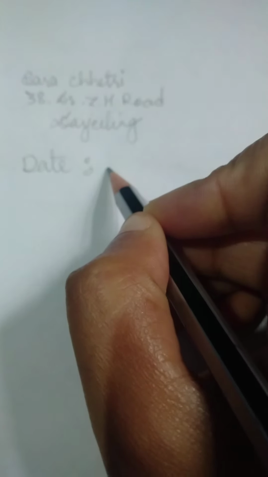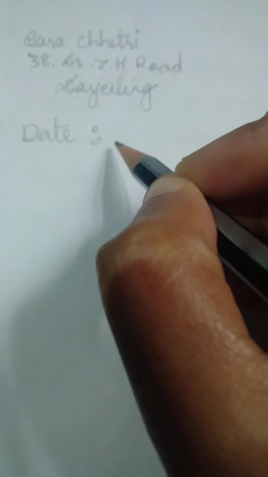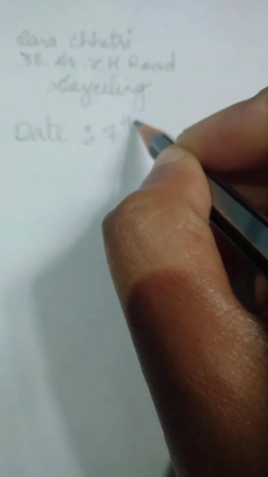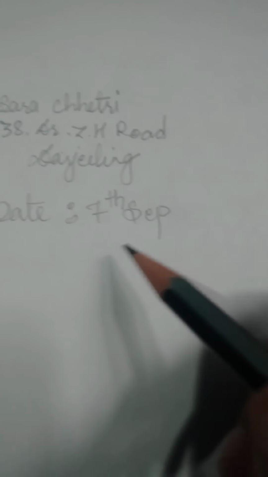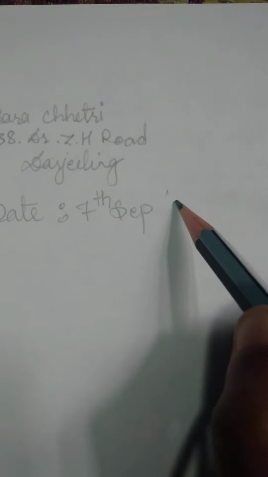Don't forget the format to write a date. Today is 7th, T H, September, SEP. You can't write a number over here. Comma 2021. Understood?